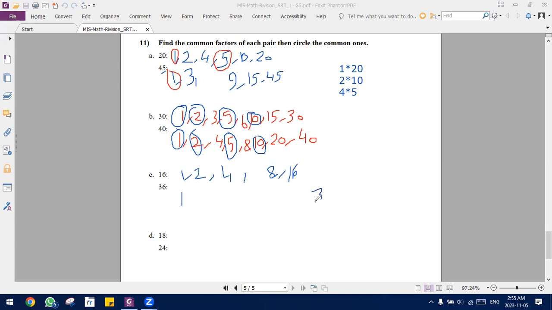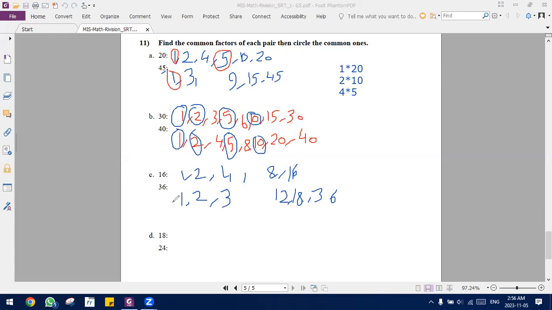It's 1 times 36. Then it's 2 times 18. Then can I divide by 3? Let's check. 3 plus 6, 9. So yes, we can divide by 3. 3 and 12. 12 times 3 is 36. Then can we divide by 4? How do we check?